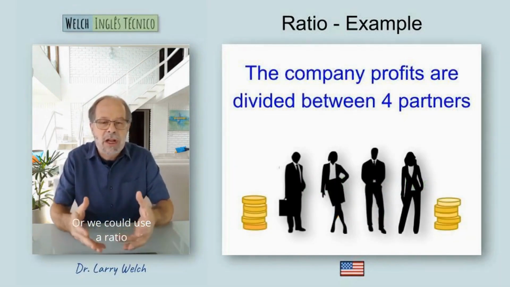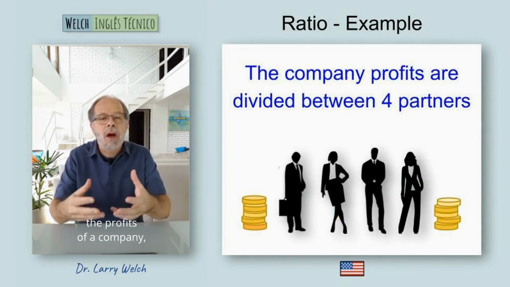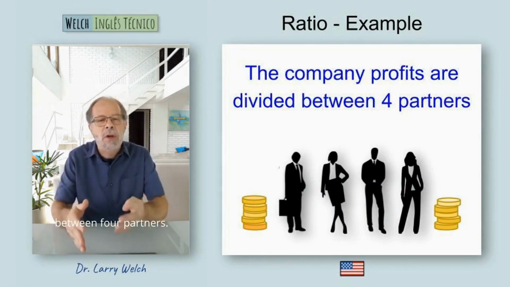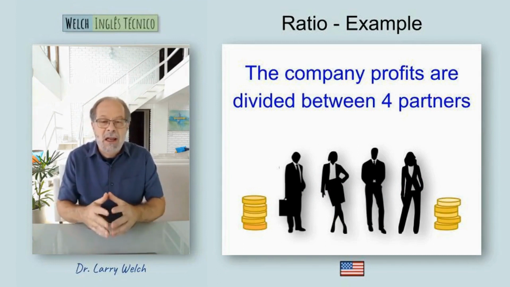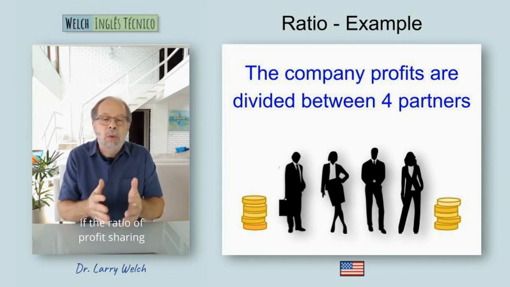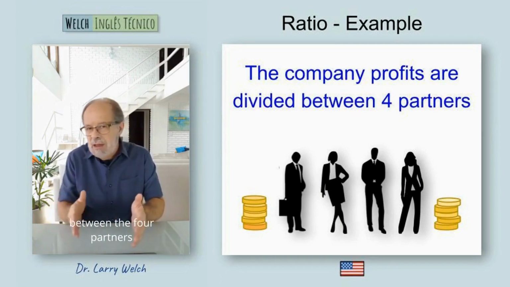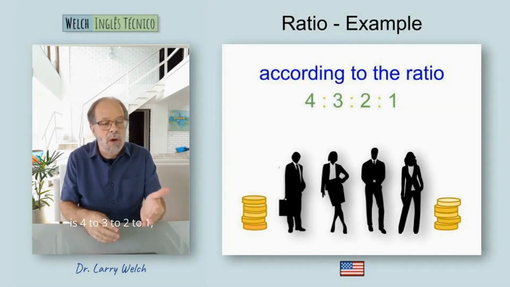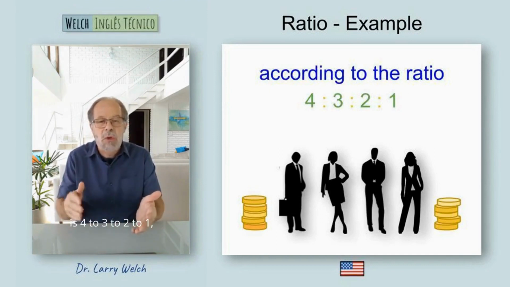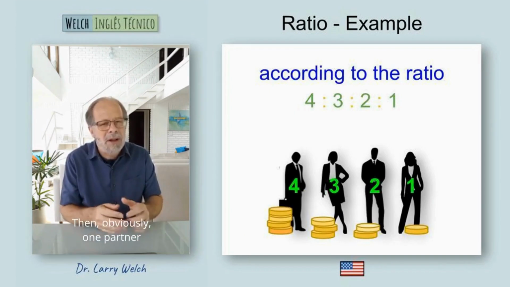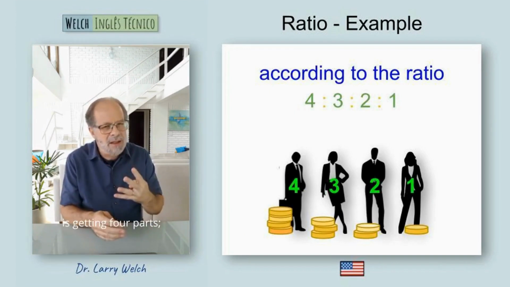Or we could use a ratio when we're speaking about the profits of a company and how they are shared between 4 partners. If the ratio of profit sharing between the 4 partners is 4:3:2:1, then obviously one partner is getting 4 parts.